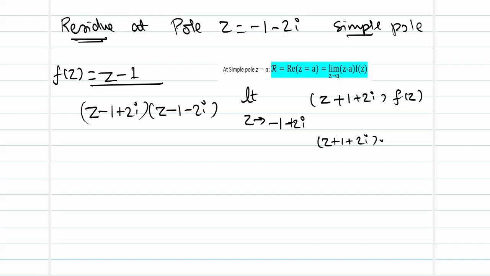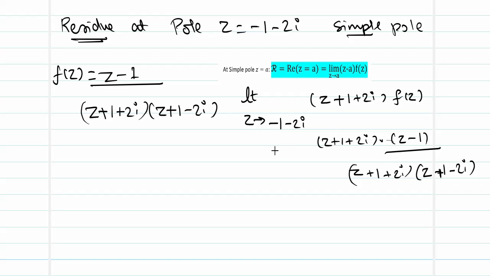Copy paste your function f of z from over here: z minus 1 divided by z plus 1 plus 2i into z plus 1 minus 2i. So now our function has been rewritten.